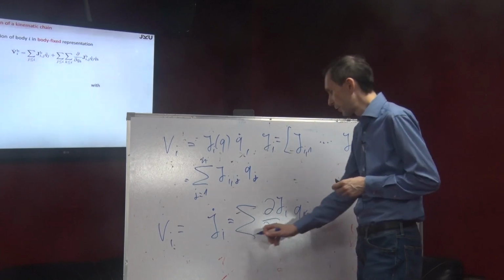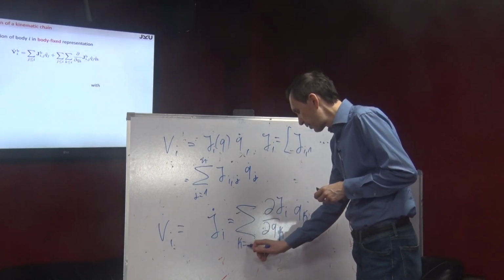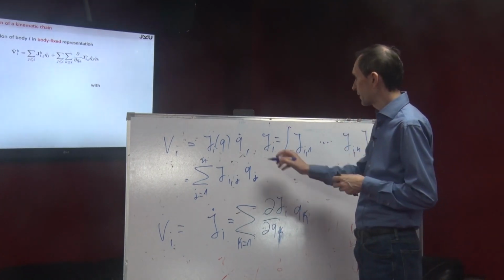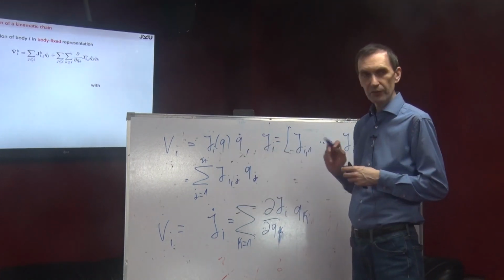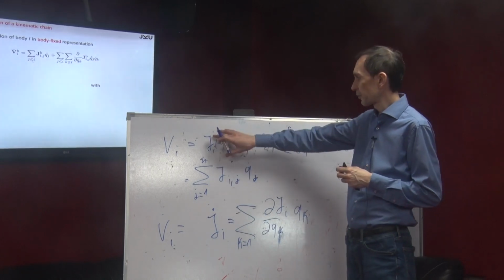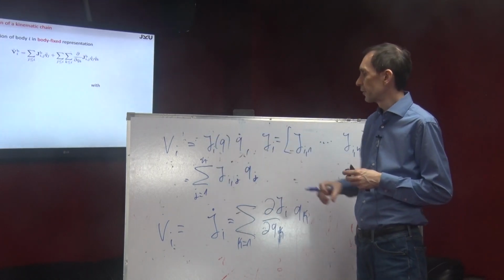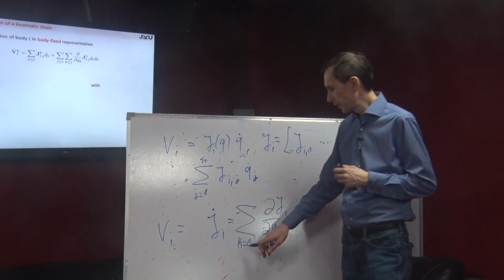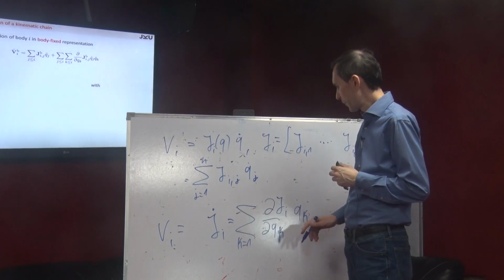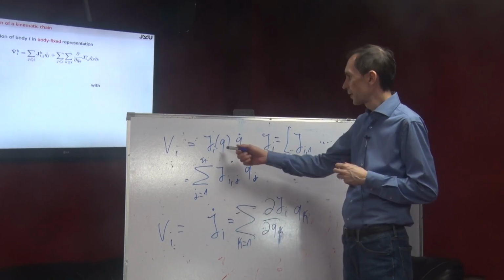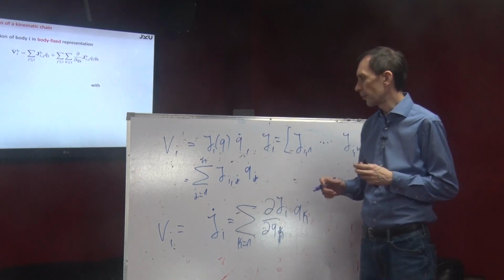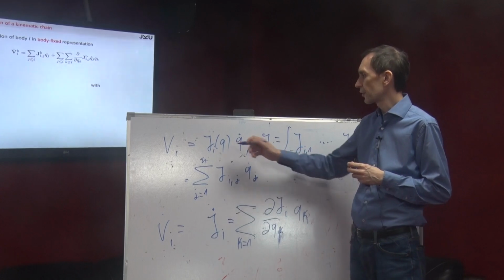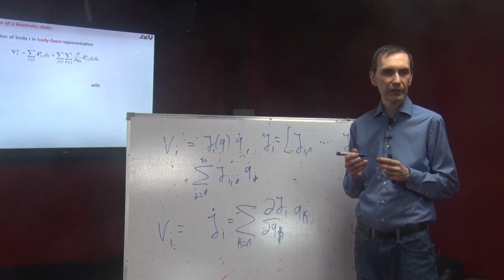So this gives you the time derivative, because J depends on q and q depends on t. So taking the time derivative of J is just the partial with respect to q times q dot. Now, that's what we had yesterday also: on which joint angles does the Jacobian of body I depend?